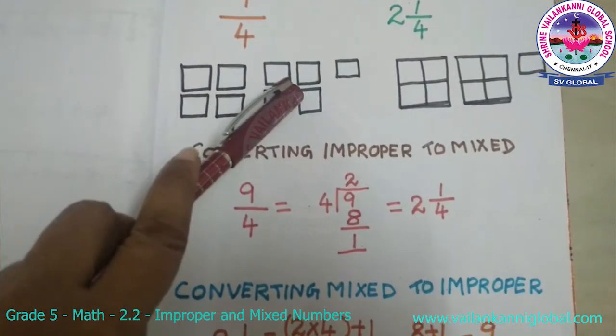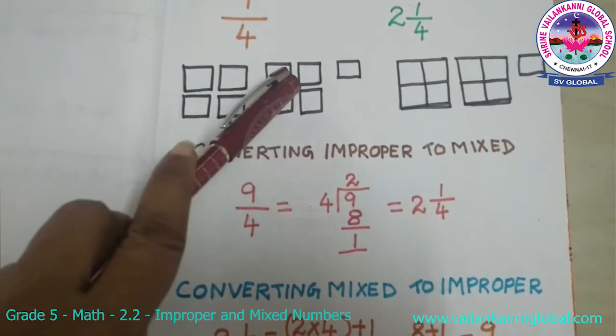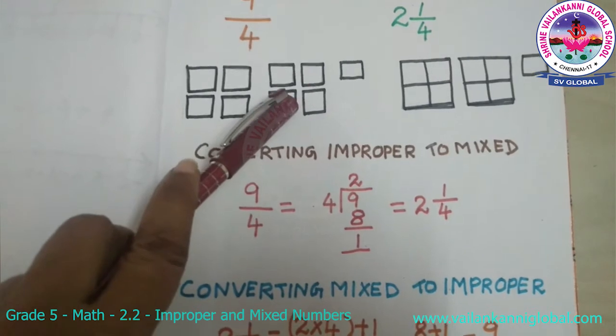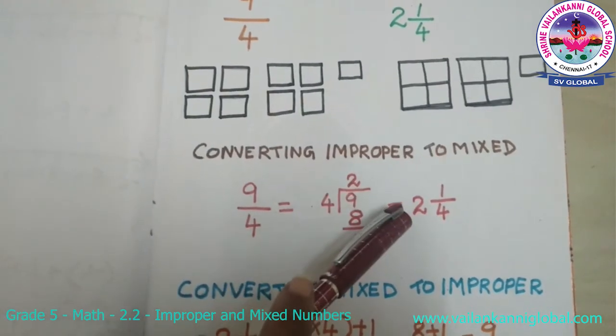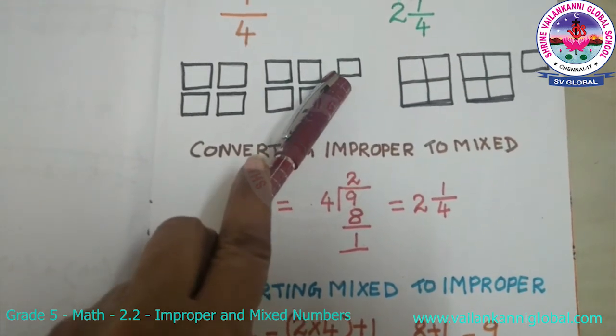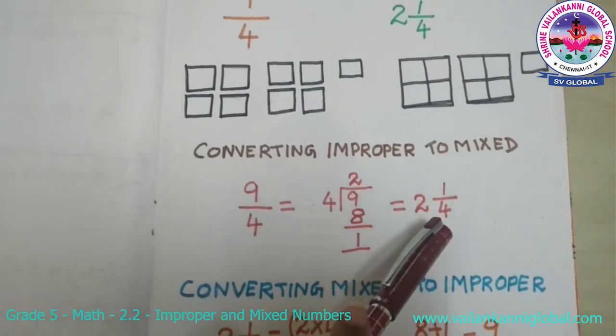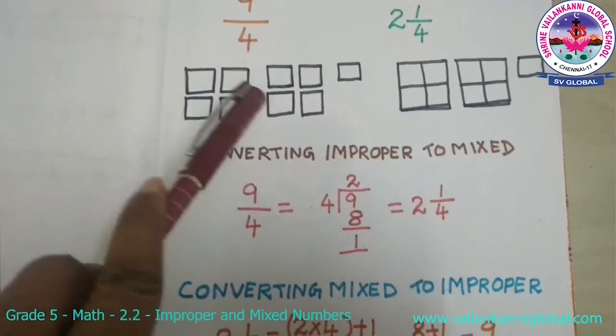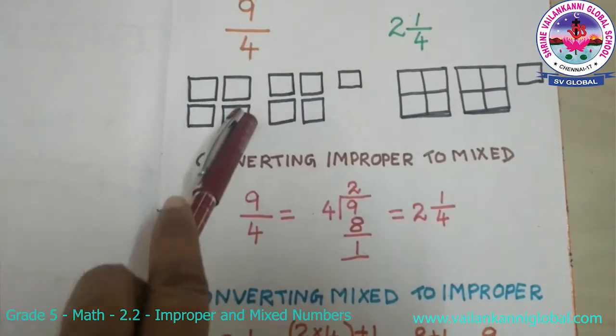There are 2 times 4 that fit in 9. So 2 times fits, that is the whole. Then how much is remaining? One part is remaining, so 1 by 4. The 4 represents how many parts the one whole is divided into.